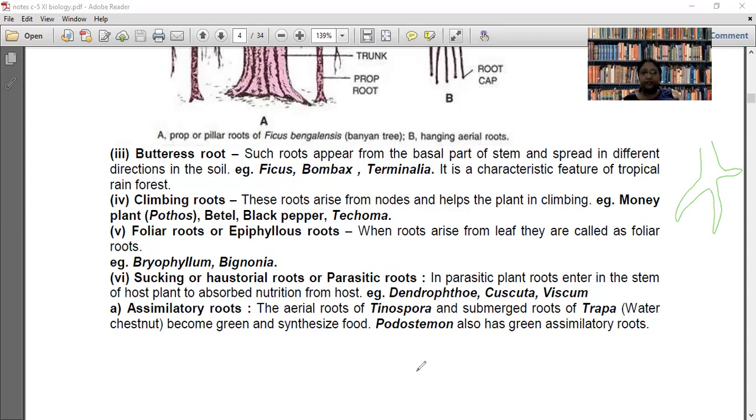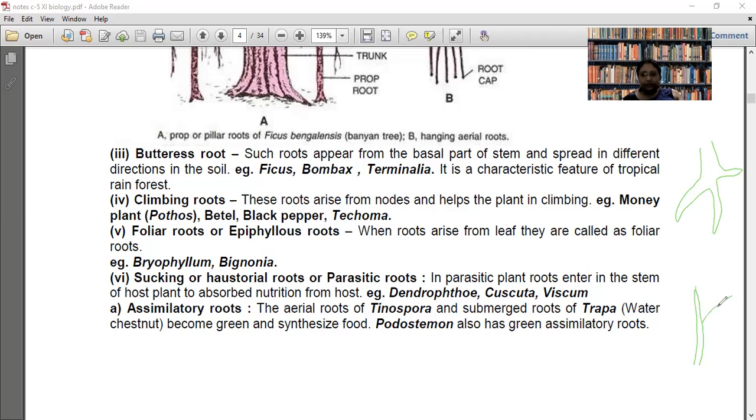For example, betel, that is your paan, or black pepper, they have climbing roots through which they climb on a surface. Roots can be epiphyllous roots, like when roots are produced from the leaf, we call them epiphyllous roots. What is the interesting thing in these? I will tell you about bryophyllum. Consider this is the bryophyllum plant.